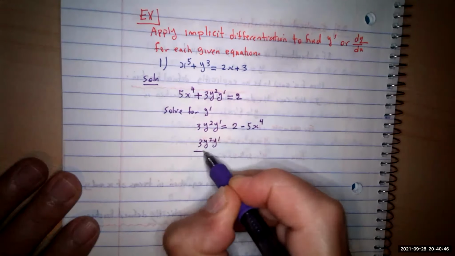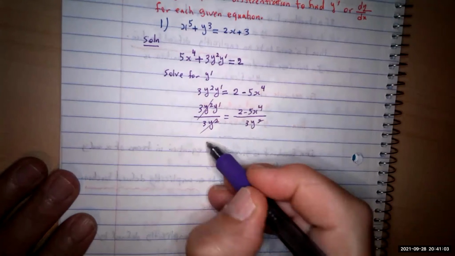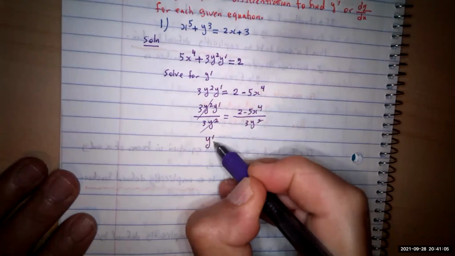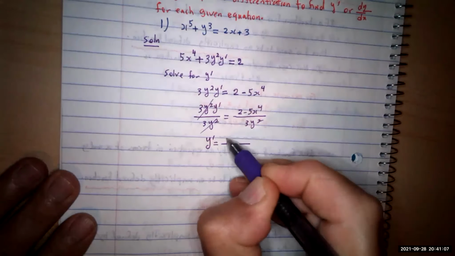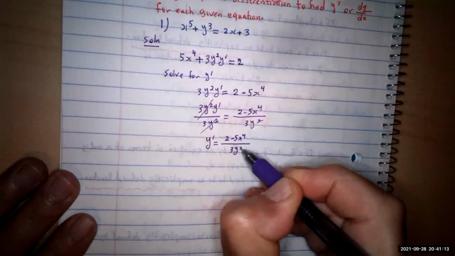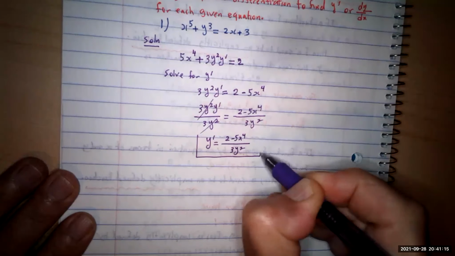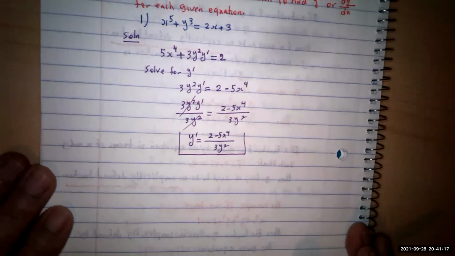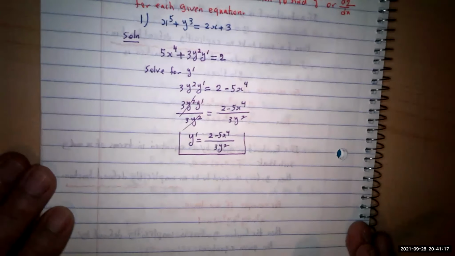Now the 3y squared and the y prime, the 3y squared cancels out. I can do it right away, I just explain it. So the result is y prime equal to 2 minus 5x to the 4th over 3y squared. That's it. This is the derivative of the function. Any question? So it's a nice, nice procedure.